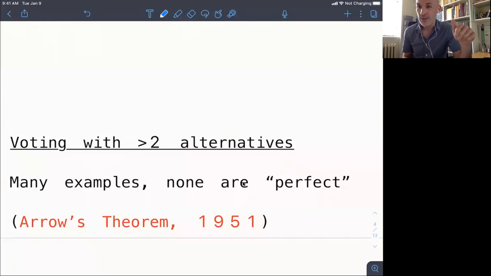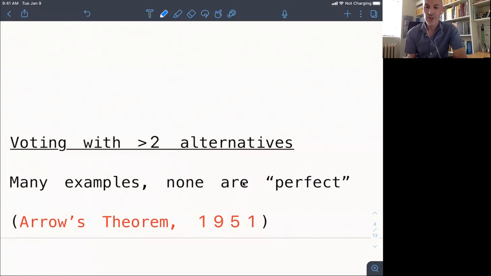When there are more than two alternatives, the famous theorem in this area is Arrow's theorem, which says that there are many examples of how to vote, but none of them are perfect. So there's something called the Borda Count, and we're going to talk about that today. And there's single transferable vote, and there's instant runoff voting, and there's all these other ways to vote, and none of them are perfect.